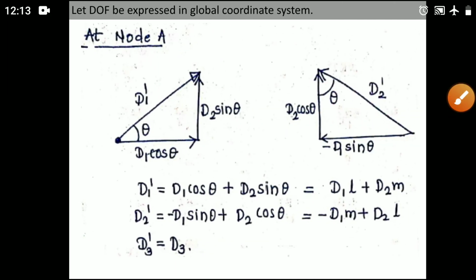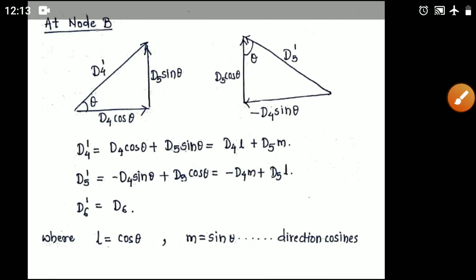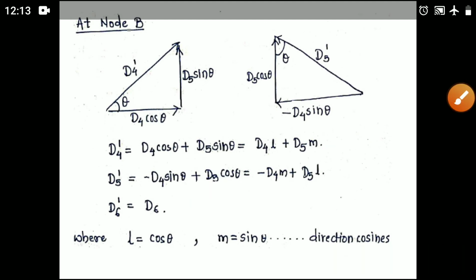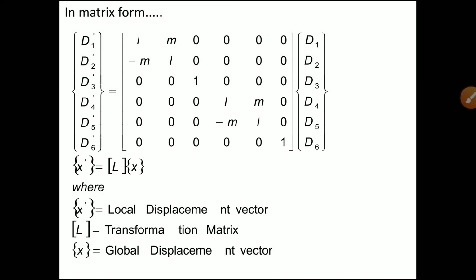Now these three equations at node A are equations 1, 2, 3. At node B, again three equations, 4, 5, 6. So all these we have to convert into matrix form. So here in matrix form, all global degrees of freedom.